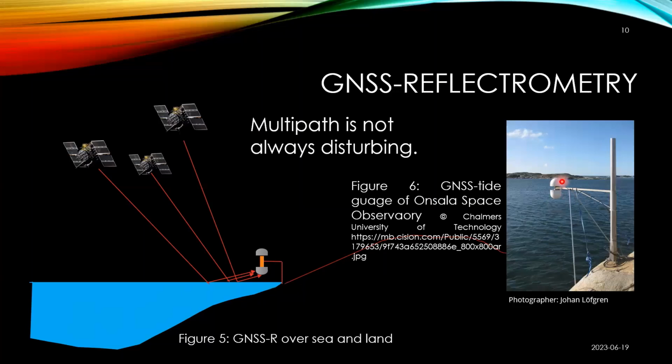As you see, there is an antenna upward in that position to get the coordinate, and the other is downward so that they get a reflection. In that way, just by measuring the reflection of GNSS signals from water, they can measure the sea level change.